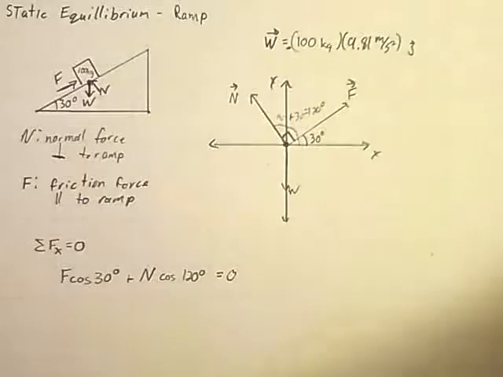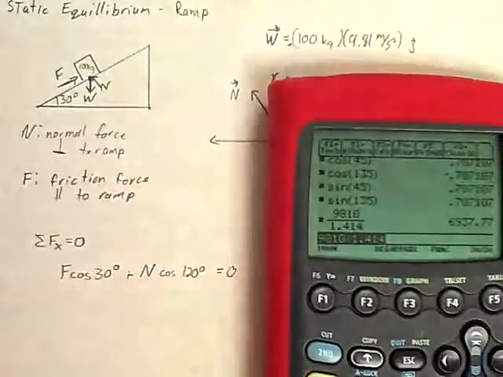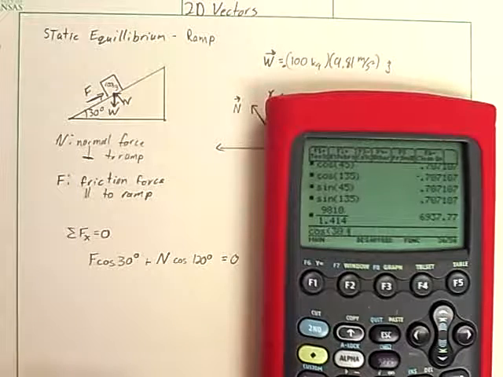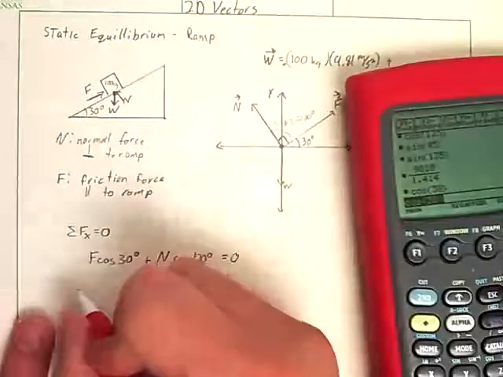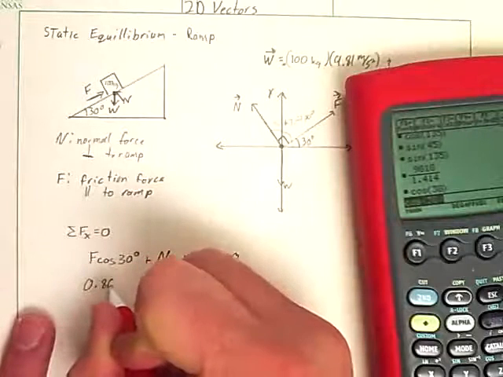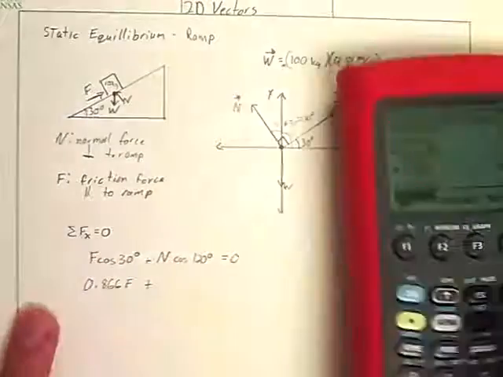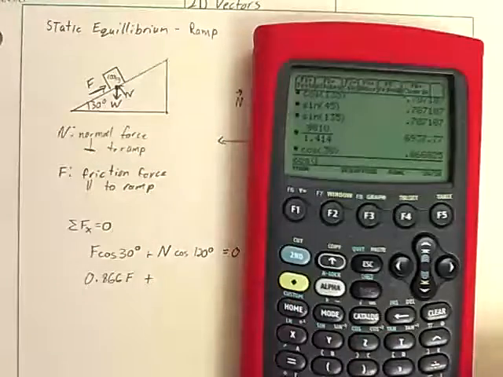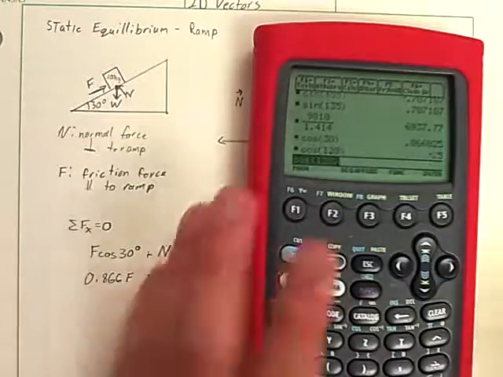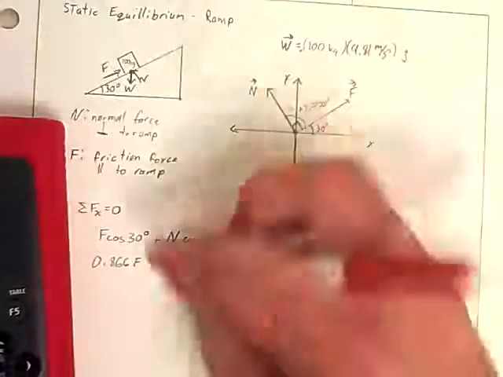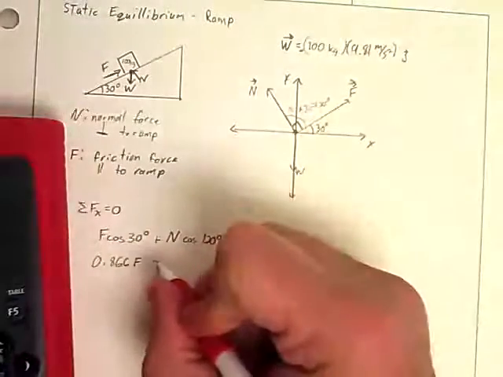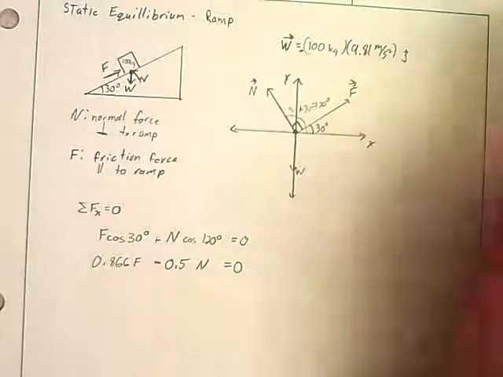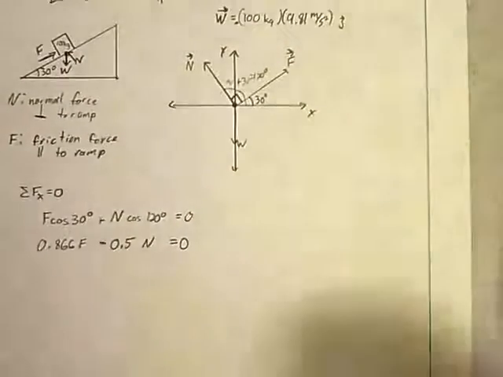So if we get out our calculator, cosine of 30 is 0.866, so 0.866 times F, plus cosine of 120 for the N, which is actually minus 0.5 times N. Those have to equal 0, because that's all of our forces acting in the x direction.